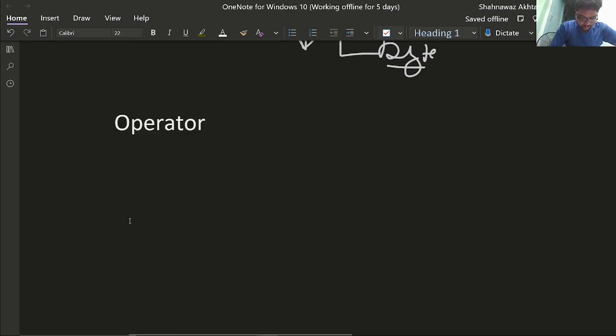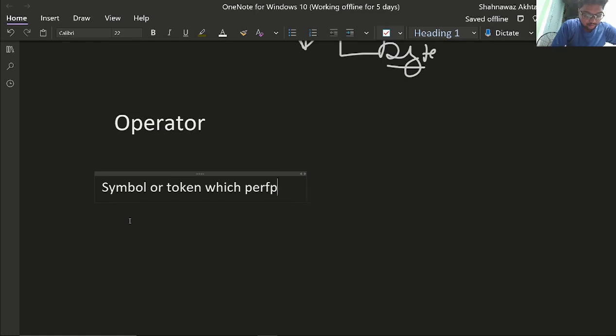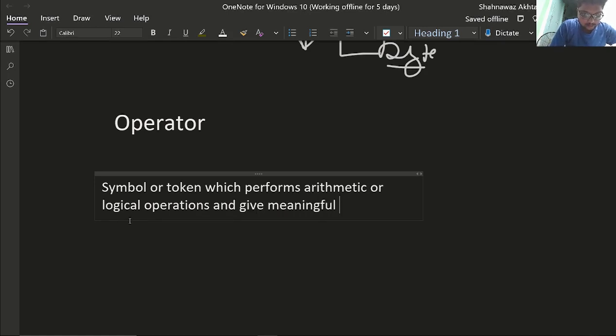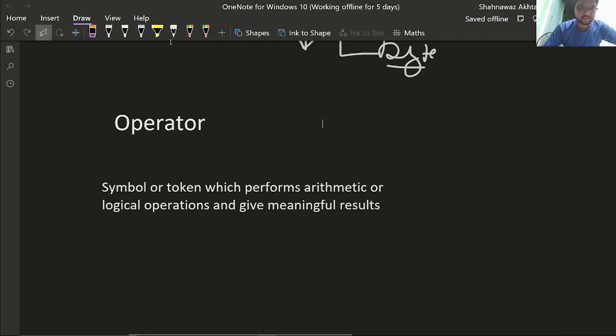We can define operator as the tokens, all right, symbol or token, which performs arithmetic or logical operation and gives meaningful result. Hope you have understood by the definition, but if not, then I'm explaining it to you.